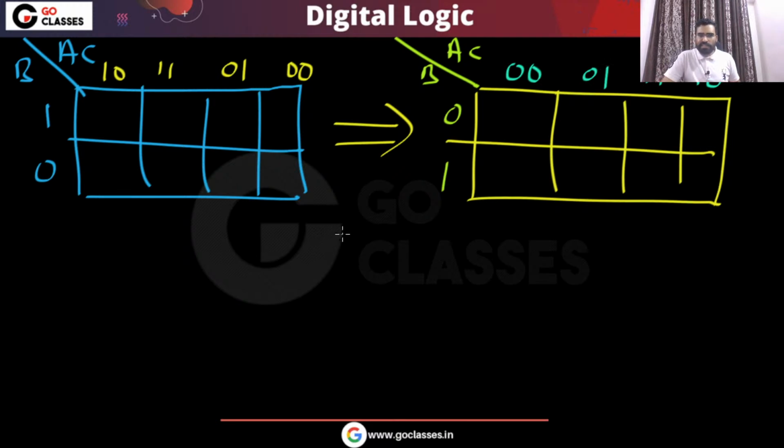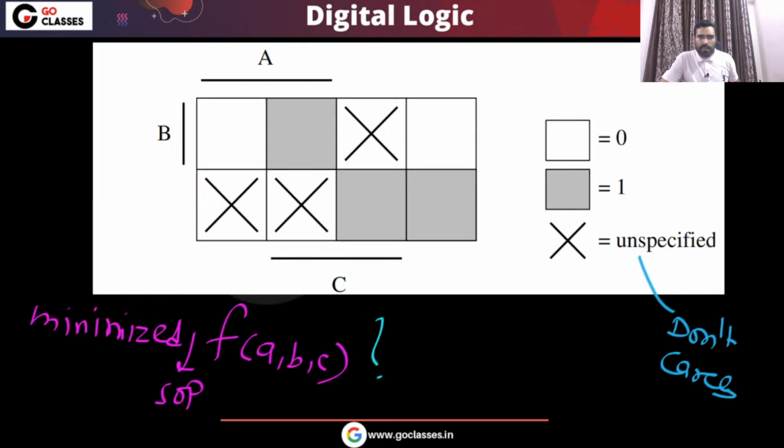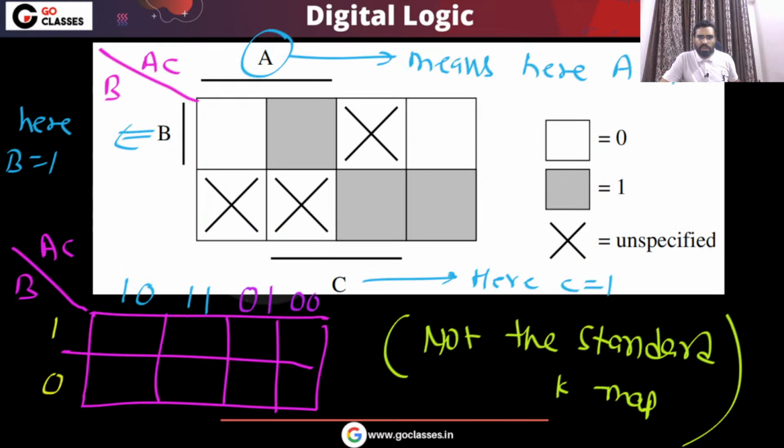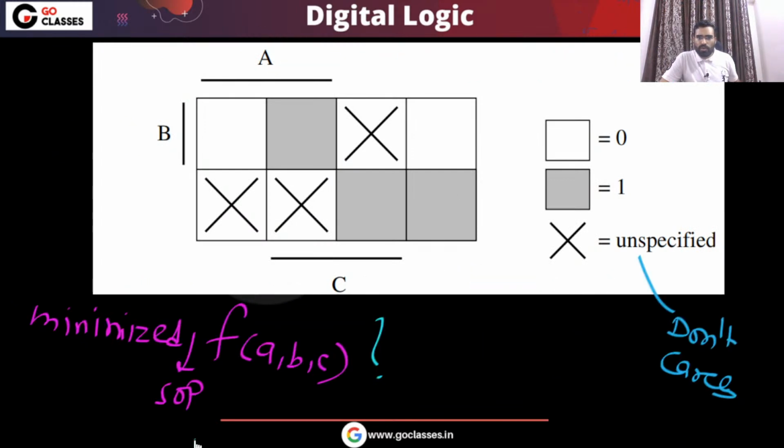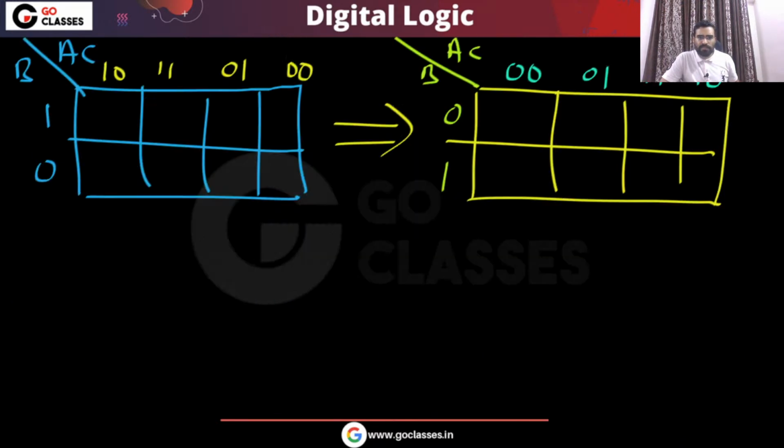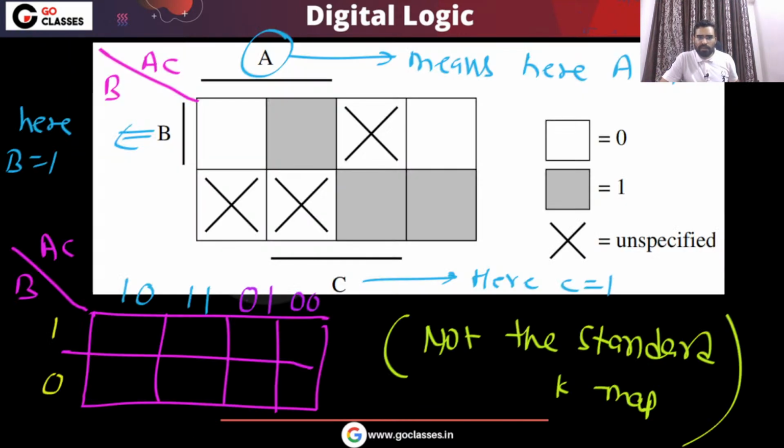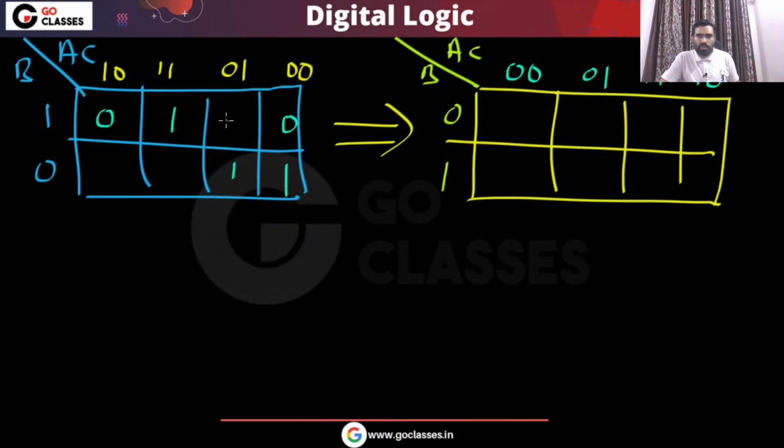So what will be the standard K-map for this? This is given to you already. So you can notice these are 1, these are 1, and these two are 0, and these are don't care. Okay, now you do this mapping.